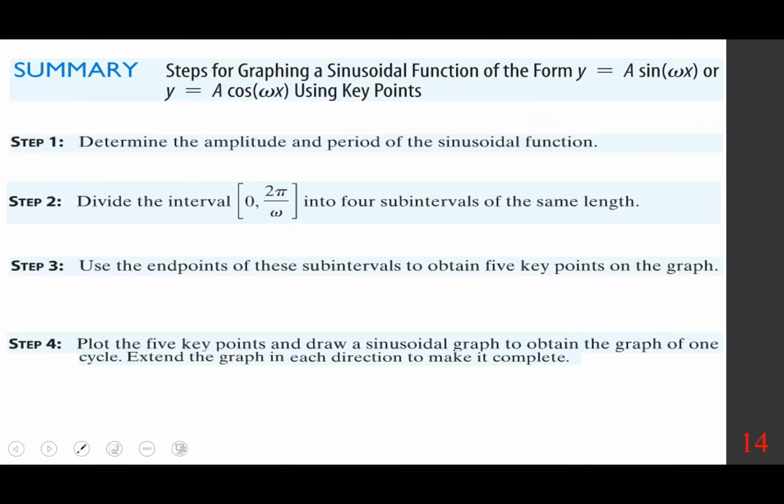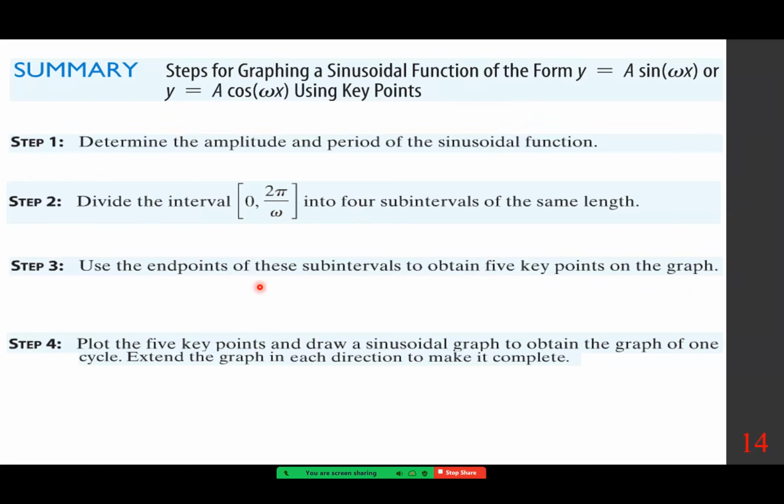We looked at transformation. Now let's look at using key points. And many students find this a little bit easier and faster, but in any event, number one, come up with the amplitude and period of the function. Number two, the period has to be cut into 4 subintervals. And this is the period.